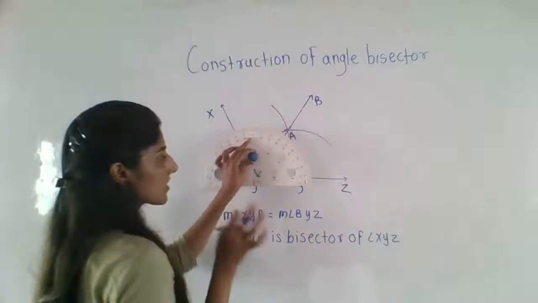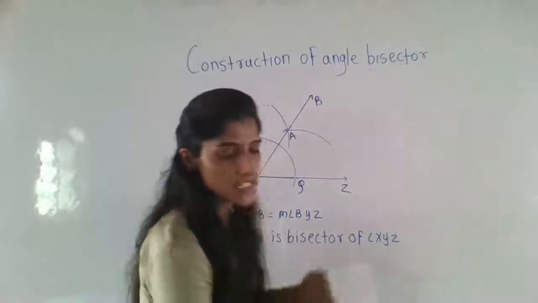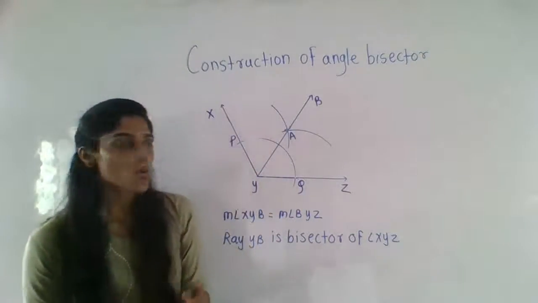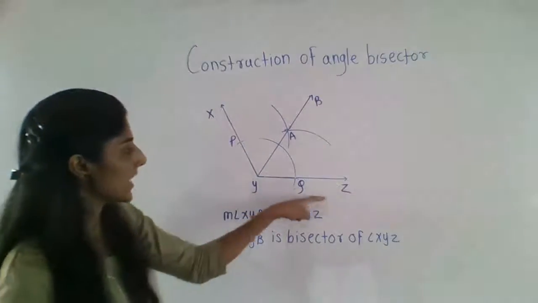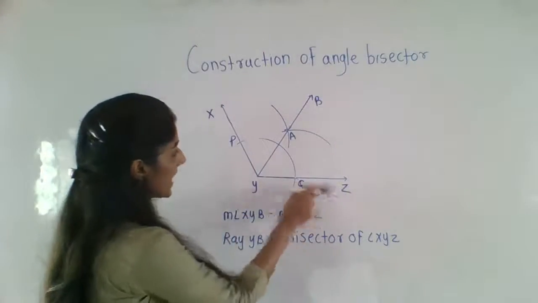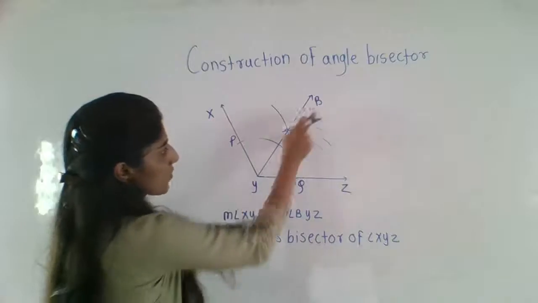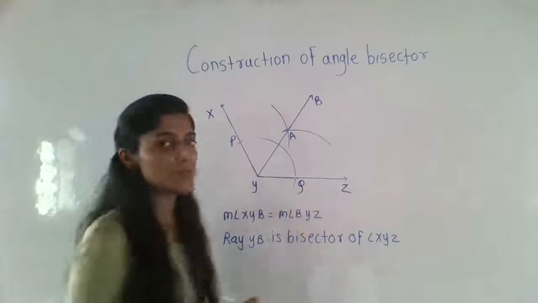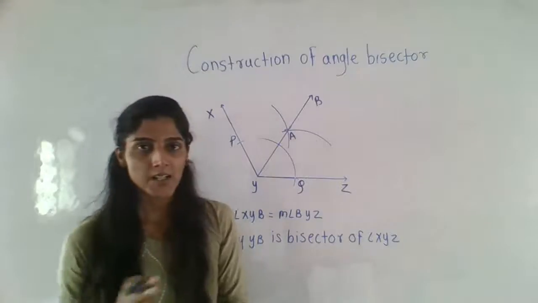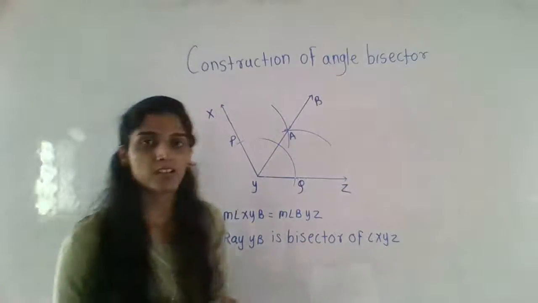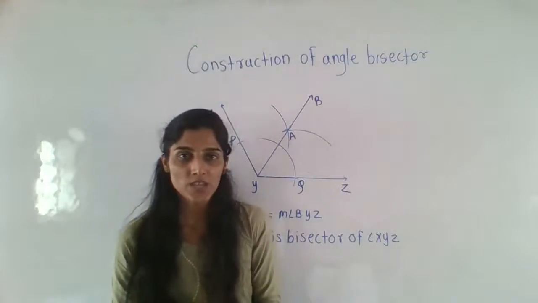It means this distance is also 60 degrees, and 60 degrees plus 60 degrees is equal to 120 degrees. So the total angle is XYZ, and each angle, that is XYB and BYZ, is of measure 60 degrees. Understand how we can construct the angle bisector by using the compass.